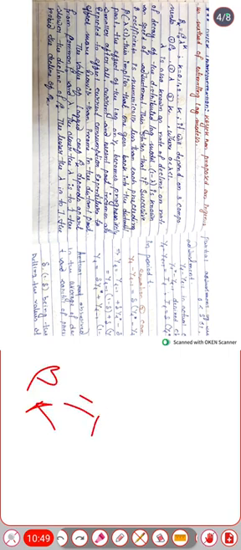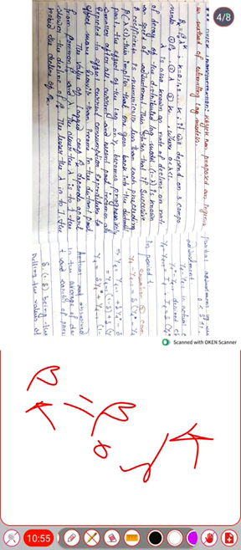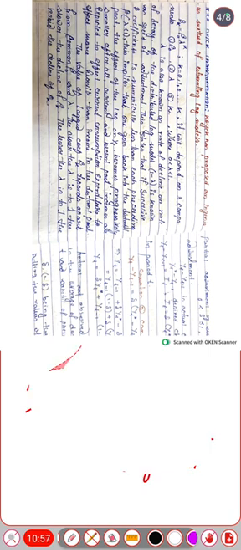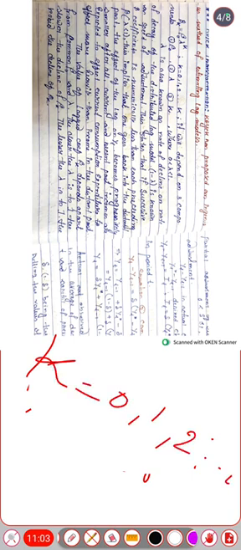Here beta k is equal to beta naught lambda power k, where k takes the values 0, 1, 2, up to k.